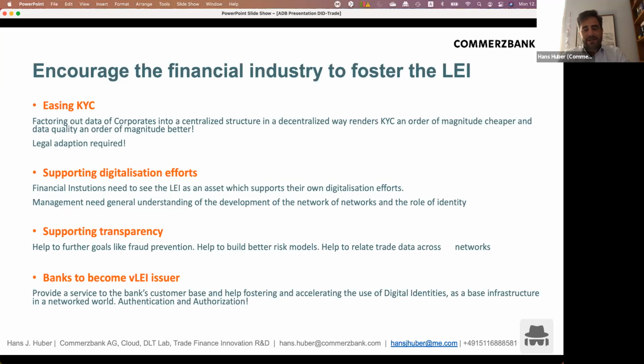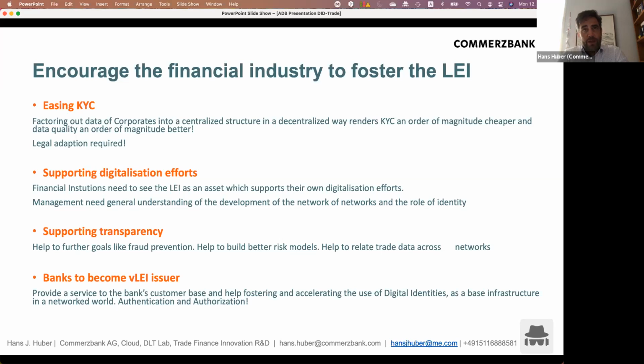The LEI can support in so many ways, support transparency, help to further goals like fraud prevention, help to build better risk models, or help to relate data across different networks. So you know exactly which legal entity certain data points pertain to.